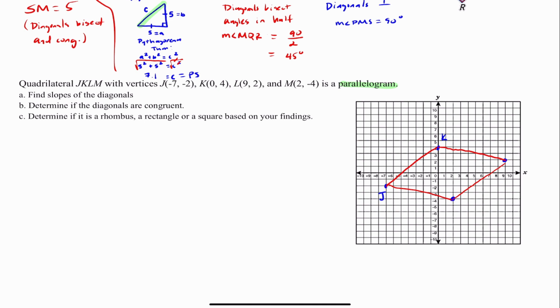Because remember, with the slopes of the diagonals, we want to see whether or not they are perpendicular to each other. And if they're not perpendicular, then it can't be a rhombus or a square.